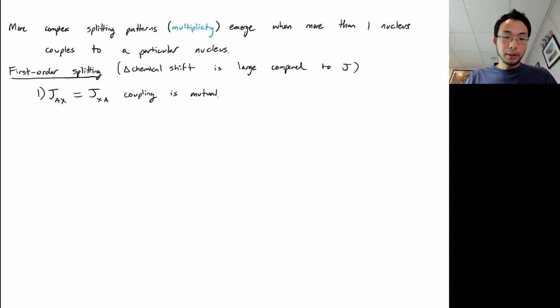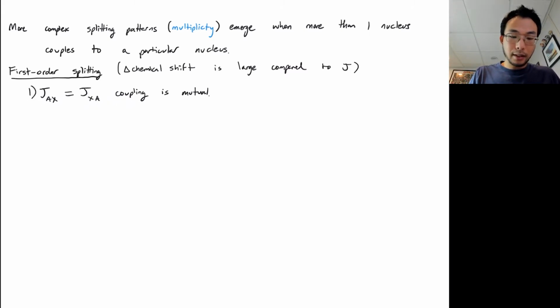There are a few rules. One is that in first order splitting, if nucleus A is coupling to nucleus X, then nucleus X is also coupling to nucleus A with the exact same J value. Coupling is mutual. This should make sense because if we're thinking about a delta E, it doesn't matter if we're going up or down, that's the same J value.